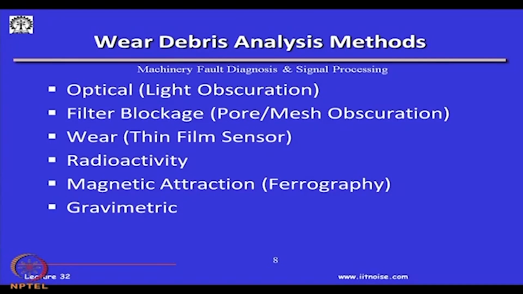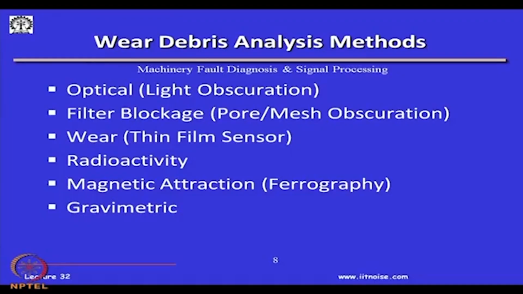I can have a light beam pass through an oil which has these wear particles, and because of the density of the wear particles increasing, this light is going to get reflected, and this can be detected by a photo detector. So, the intensity of the light reflected back gives me a clue as to how much percentage of opaque surface of wear particles are there in that oil. So, in a given milliliter of oil, I can have an estimate as to how many parts per million of solid substances are there.